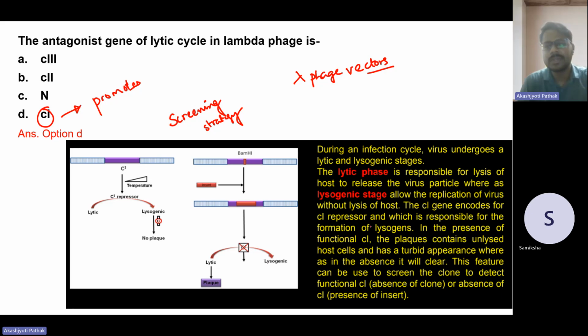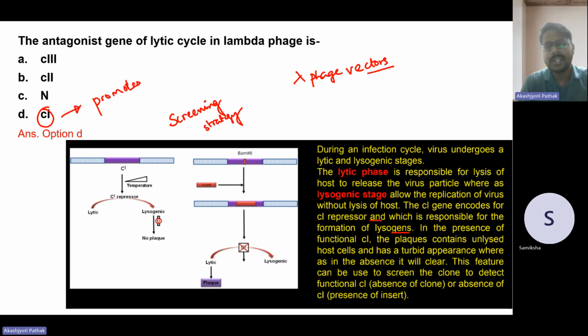The C1 gene encodes the C1 repressor and is responsible for the formation of lysogens. Lysogens are bacteria which are showing the lysogenic cycle. In the presence of functional C1, the plaques contain unlysed host cells.